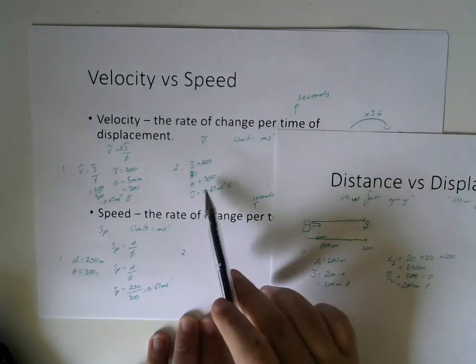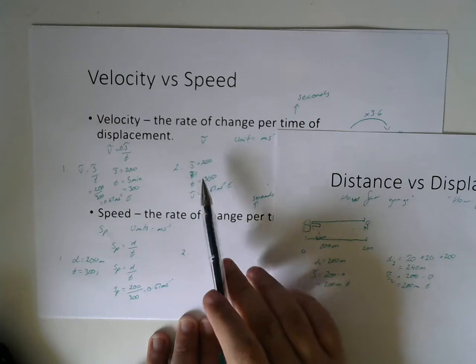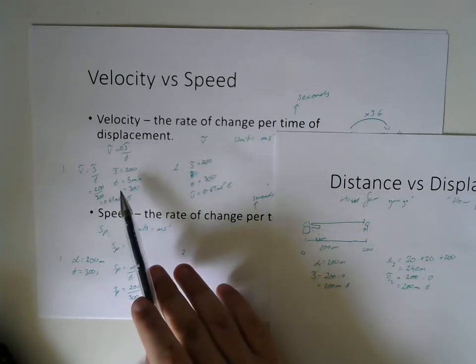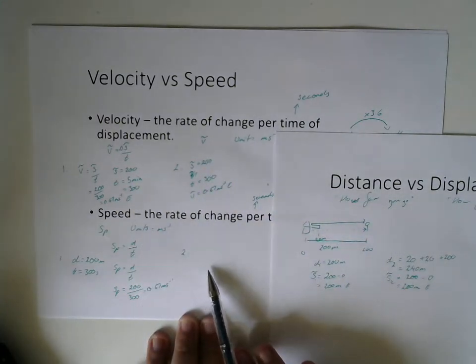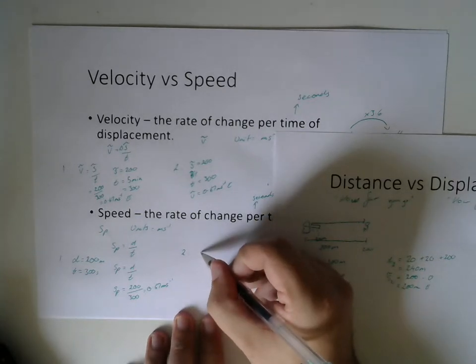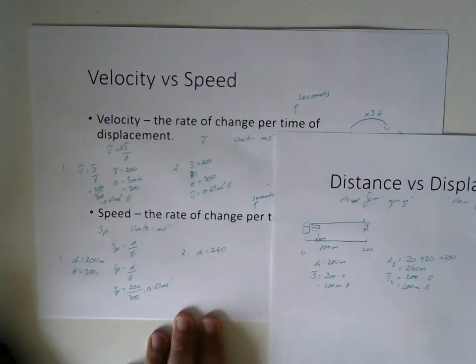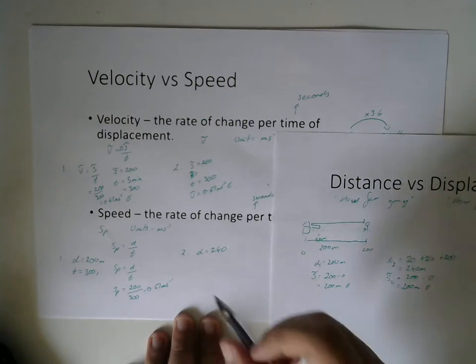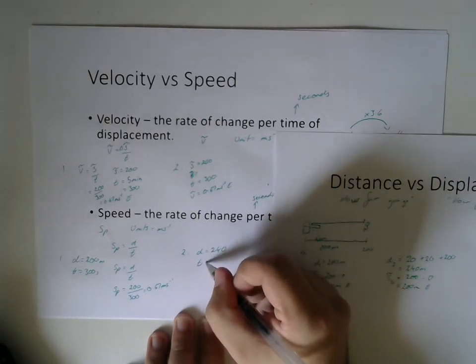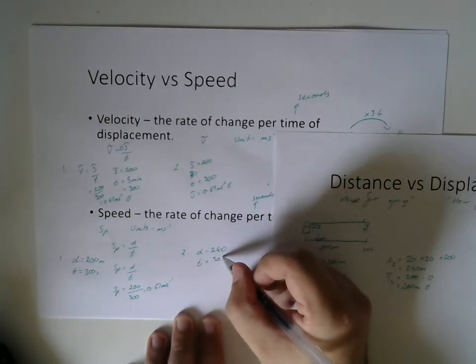I'm not going to do the calculation and working out for that one because we can see that the scenario is exactly the same as this. Well, let's have a look at this one. Our distance now is equal to 240. We're dealing with scenario 2 here where we travelled forwards, then backwards, and then backwards again. Our time is equal to 300.